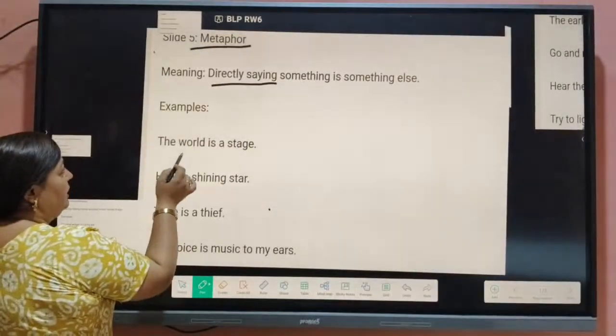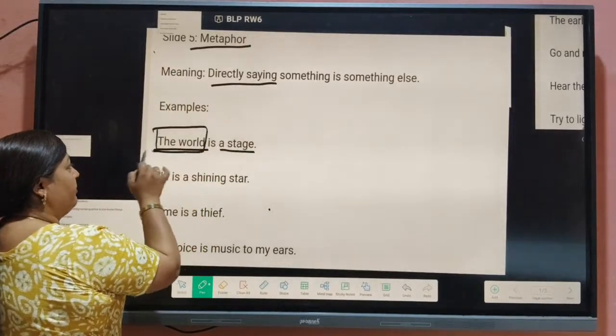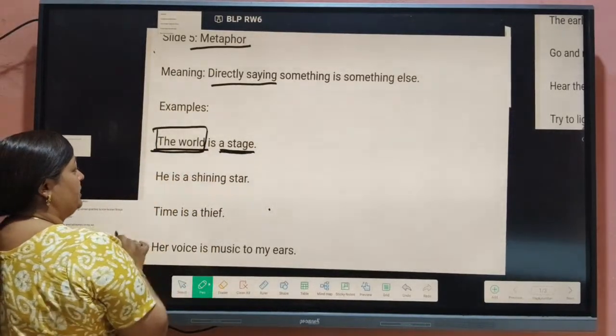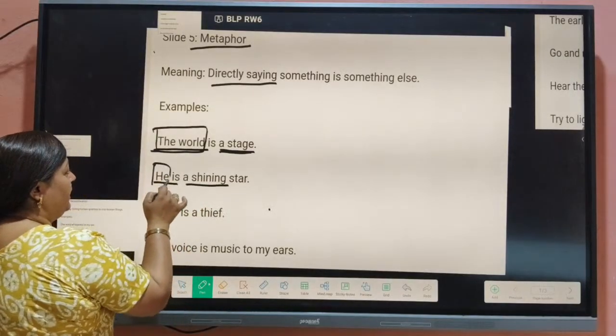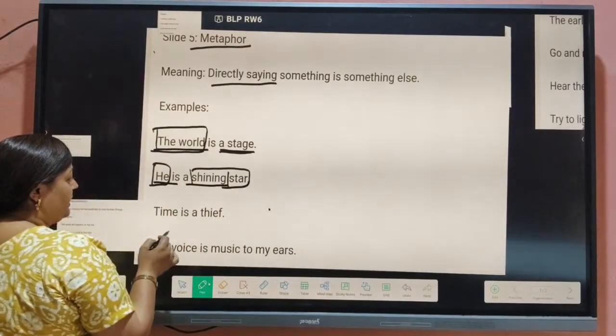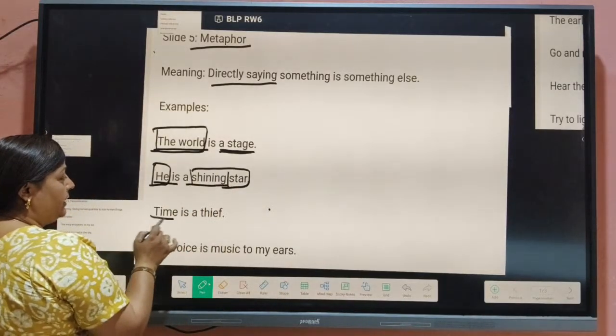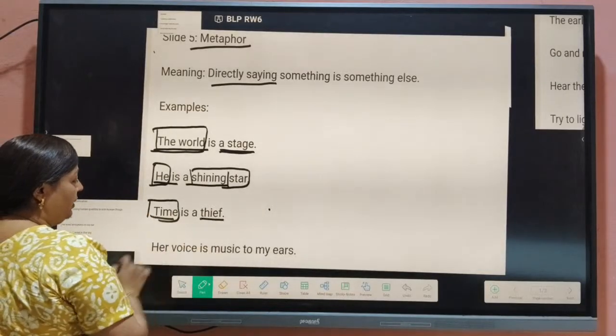For example, the world is a stage. Here, the world is compared with a stage. He is a shining star. Here, he is compared with a shining star. In the same manner, time is a thief. Here, time is compared with a thief.